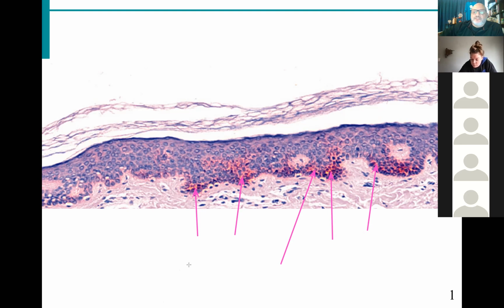Someone who has incredibly dark pigmented skin, this is what their skin would look like under a microscope. In the deepest layers of their epidermis, they have this dark pigmented material down in here, whereas someone who was light-skinned, theirs would pretty much look like this over here, where you wouldn't see anything in the lower layers.